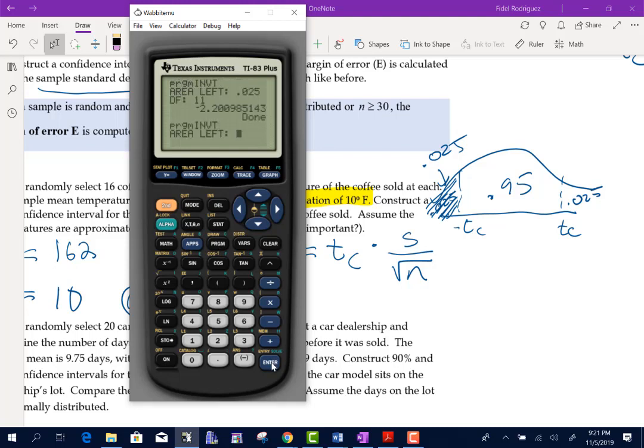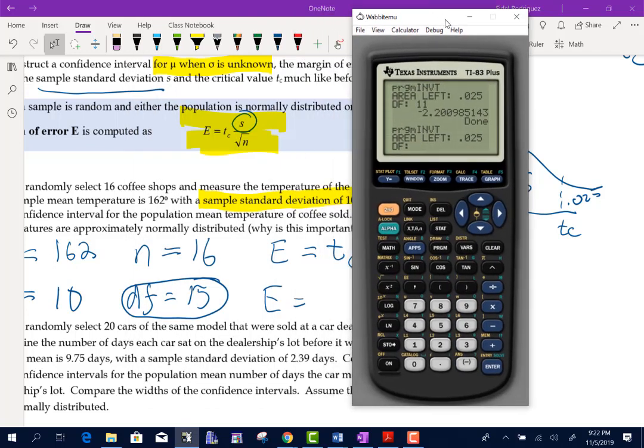Now, the first number you're going to type in on yours, even if yours looks a little bit different, is the area to the left. What was the area to the left? But remember, it's not negative, right? It's just the area, because remember, area is always going to be positive, right? So 0.025, good. And then I know some of yours says degrees of freedom, or yours has a comma. And the degrees of freedom, what was our degrees of freedom here? 15.